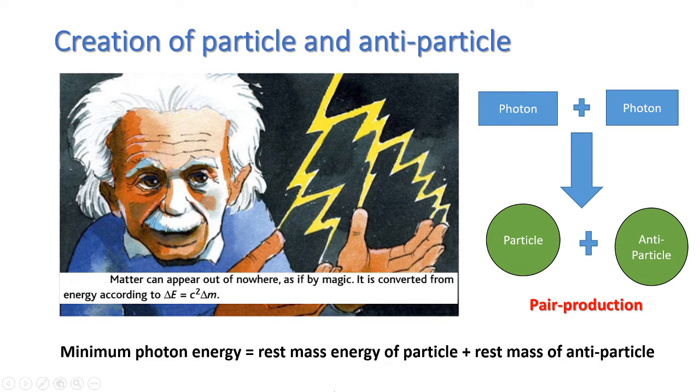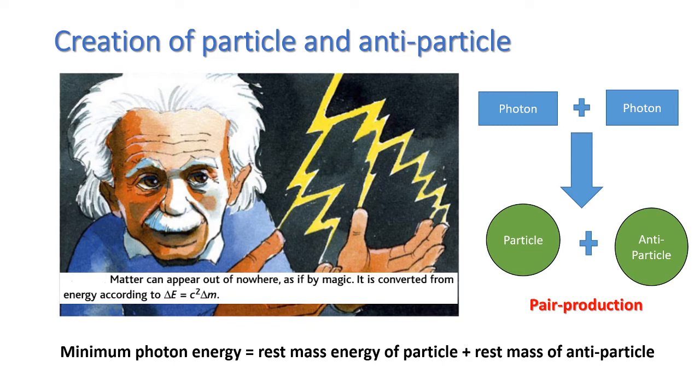So what is this rest mass? The rest mass idea was given by Albert Einstein, from his equation linking energy and the mass deficit or mass difference. The energy difference is equal to c squared, that is the speed of light squared, times the change in mass. So if the change in mass is converted, it gives energy, right?